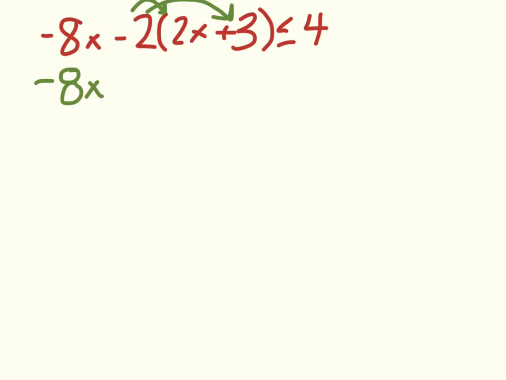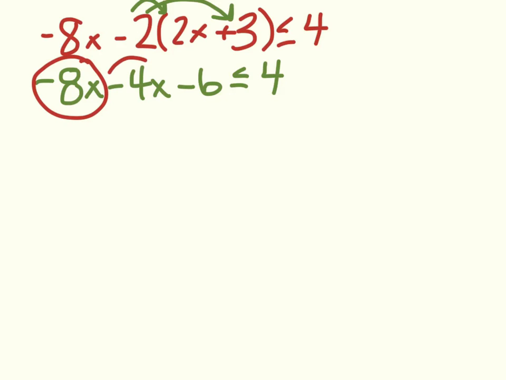Negative 2 times 4x is negative 8x, minus 2 times 2x is a negative 4x, and negative 2 times 3 is negative 6, is less than or equal to 4. You can combine like terms here and here. Negative 8 minus 4 is negative 12x minus 6 is less than or equal to 4.